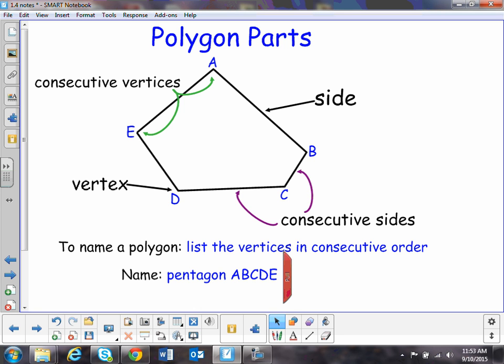That's it. And sometimes they like to trick you. They'll have, let's just say, a quadrilateral.